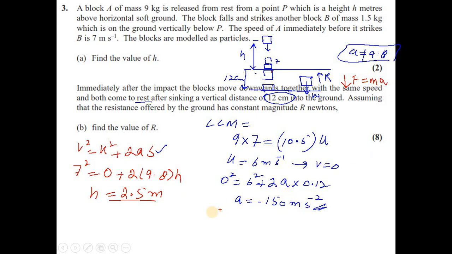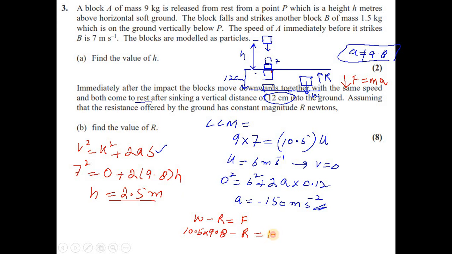So now you can write this equation as W minus R is equal to the resultant force F. W is the weight, which is 10.5, the total mass of both blocks, times g, 9.8, minus R, which you need to find, and F is ma.